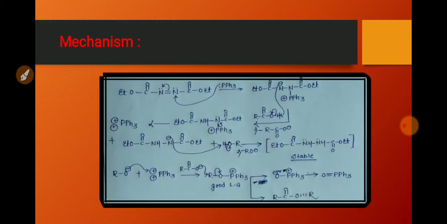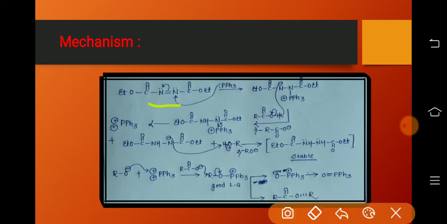So let's understand how the reaction proceeds. Before starting the mechanism, students, the nitrogen double bond in DEAD is very unstable, because there is repulsion between the lone pair of nitrogen and the pi bond of nitrogen.